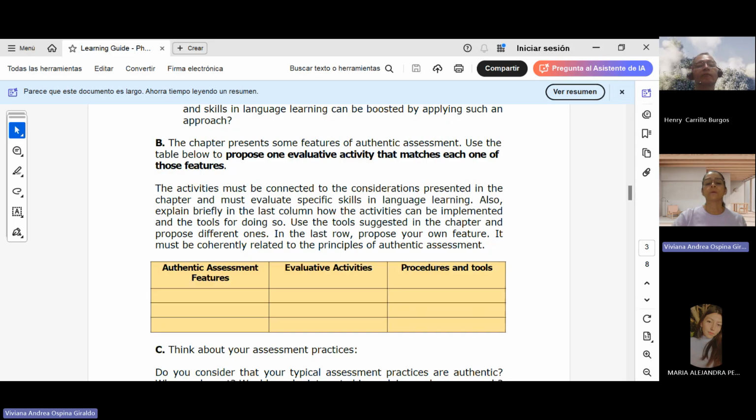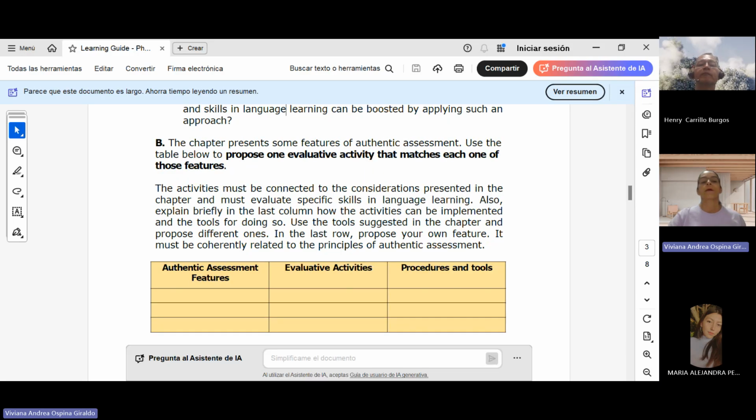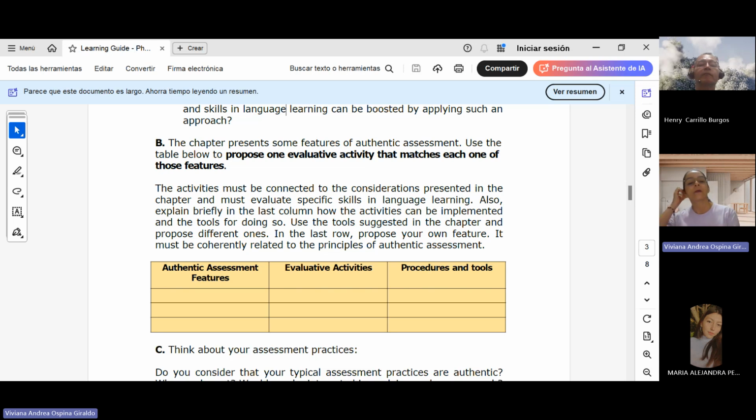Use the table below to propose one evaluative activity that matches each one of those features. The activity must be connected to the considerations presented in the chapter. We need to read it so that we know what feature to write here, what is the evaluative activity, and the procedures and tools, okay?